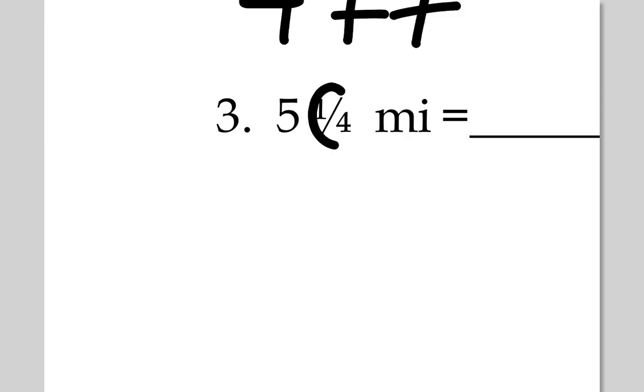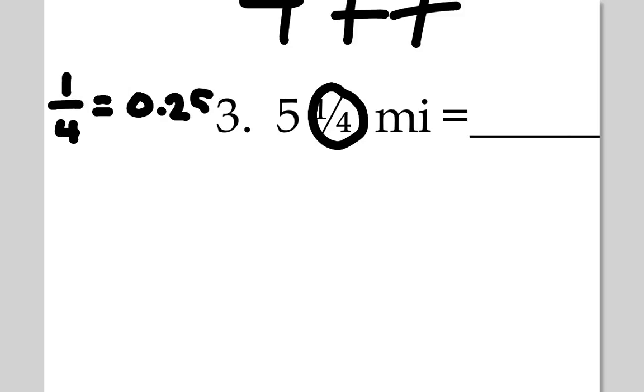All you have to do in your calculator, go 1 divided by 4. You get 0.25. The calculator will do that, 1 divided by 4. And then you know that this is 5.25 miles. Okay? So don't let the fractions mess with you. Put the fraction in the calculator, get the appropriate decimal.